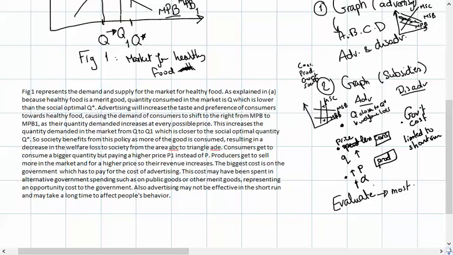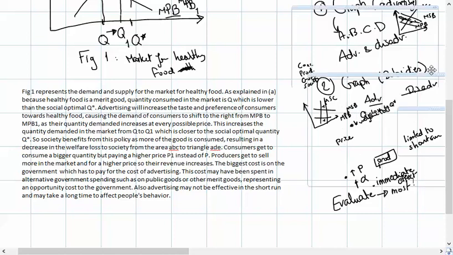The advantage is that it has an immediate effect. So unlike the advertisement, which may not be effective, the subsidy has immediate effect on the market since it lowers the price immediately. Okay, and the evaluation at the end is to state based on all this.